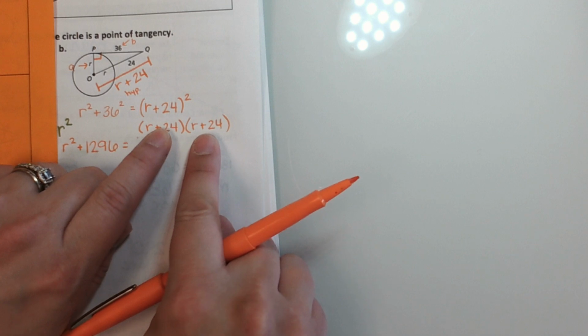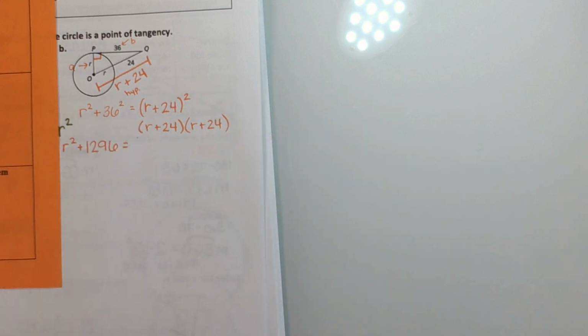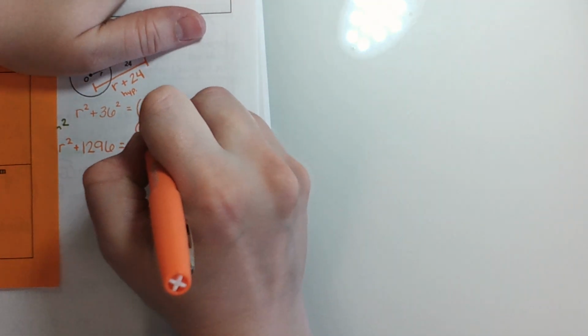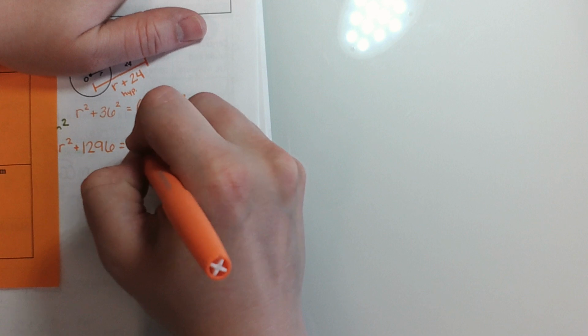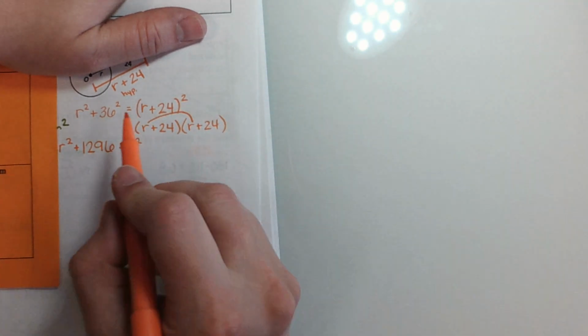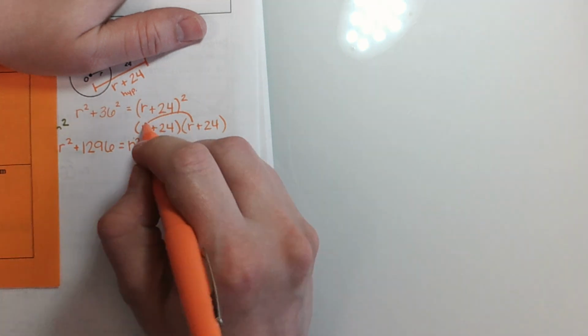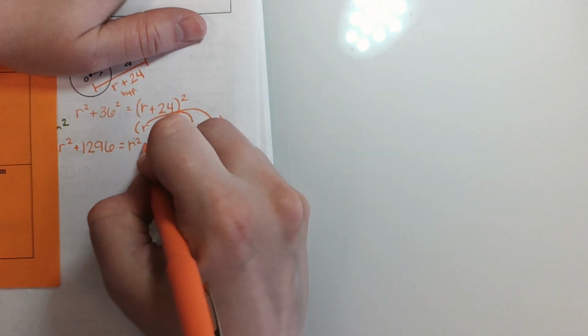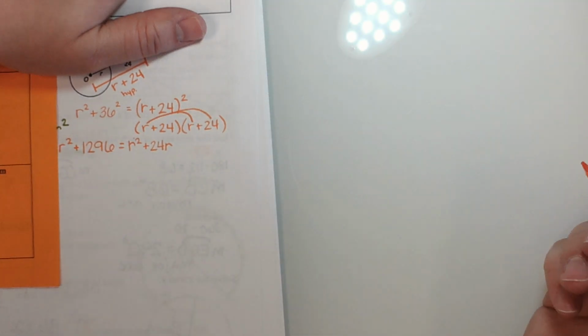How do I multiply these? Distribution. Big distribution. How many things should I end up getting for terms? Total of 4. Because it's r times r, which is r squared. Am I still multiplying this r, or am I moving on to the 24? R times 24. That's an easy one, 24r.